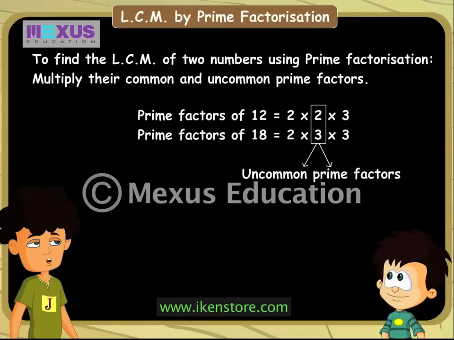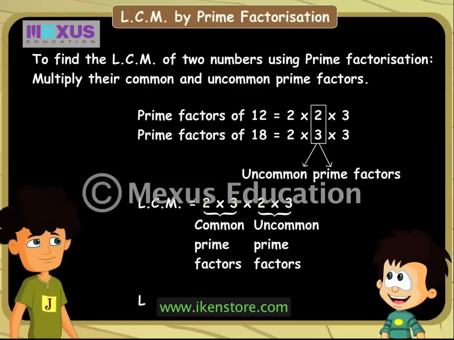So, to find the LCM of any two numbers, we take each prime factor the maximum number of times it appears in either number and multiply. 2 appears twice in the prime factorization of 12. And 3 appears twice in the prime factorization of 18. So the LCM is 2 multiplied by 2 multiplied by 3 multiplied by 3. So the LCM of 12 and 18 is 36.